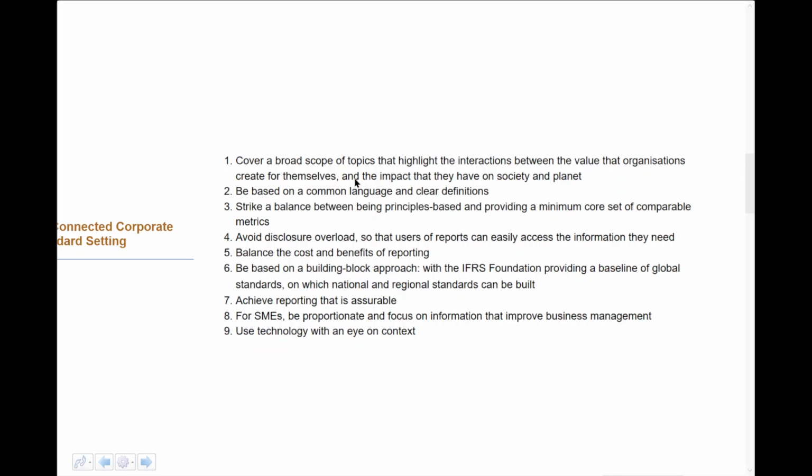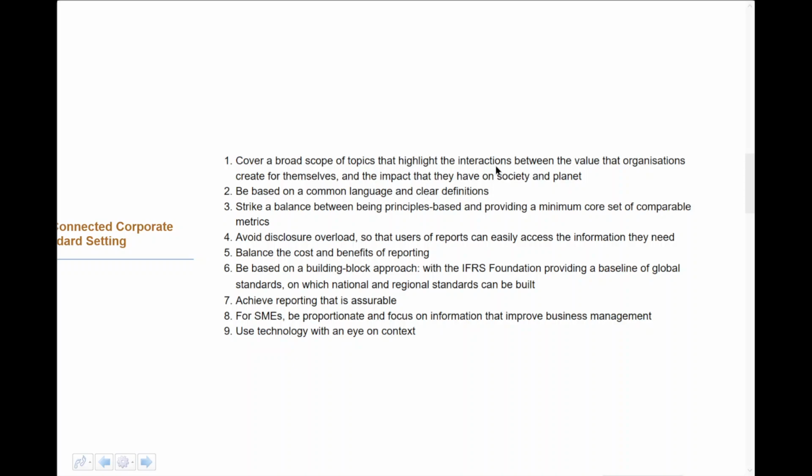Well, in essence, they talk about reporting covering a broad scope of topics that highlights the interactions between the value that organizations create for themselves and the impact. So in terms of number one there, it's about balance, isn't it?